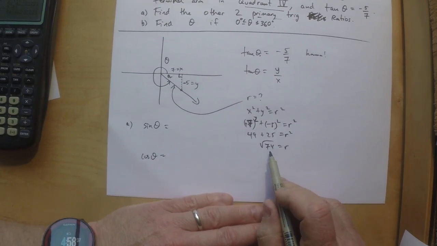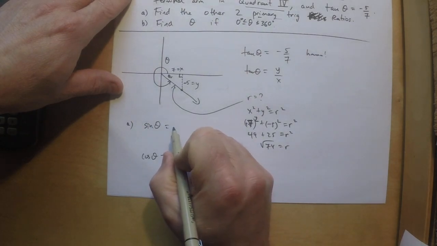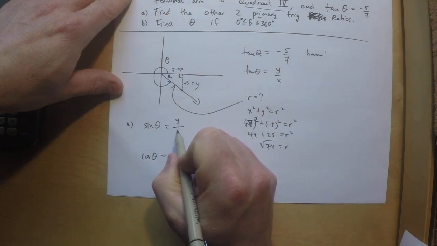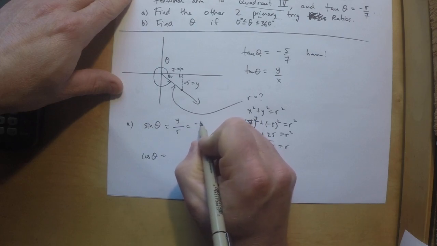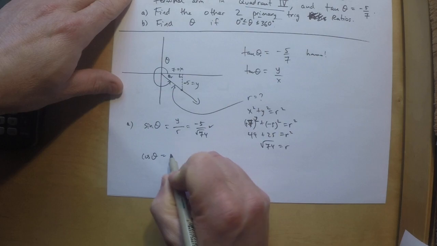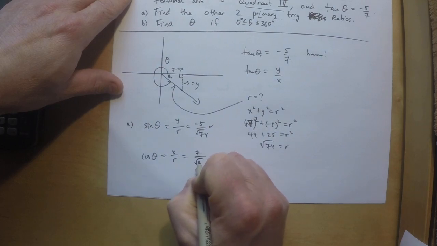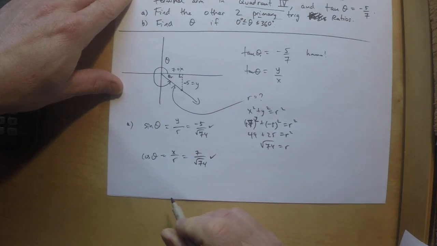Radius is √74. Once I have the radius, boom, I know that sine is y over r, -5 over √74, done. Cosine is x over r, 7 over √74, done. There's A.